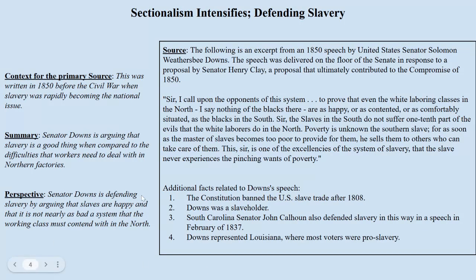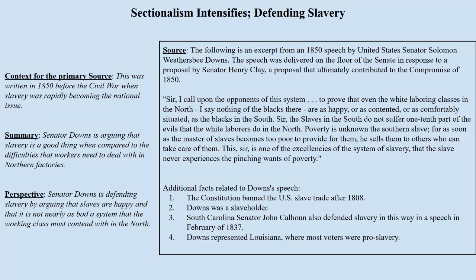So, a few things here. When he says opponents of this system, we're talking about slavery, right? We're talking about the system of slavery. That's the issue. That's what's happening here. And to summarize it, he compares slaves in the South to the folks that work in the factories in the North, right? And he says the slaves in the South are better off than the people working in those factories in the North, because while many of the factory workers in the North are poor, in the South, slaves are never poor because the moment their master or owner is poor, he sells off the slave.